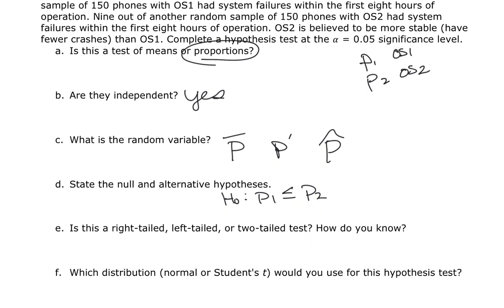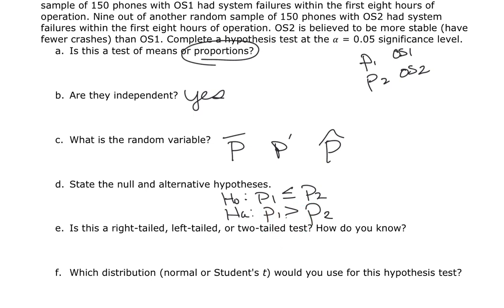And then my HA is that P1 is greater than P2. Again, this is because we actually believe the number of crashes, which is the success, is going to be less on P2 than it is on P1. So this is what we are claiming, this is what we're hoping to prove, and this is the status quo.